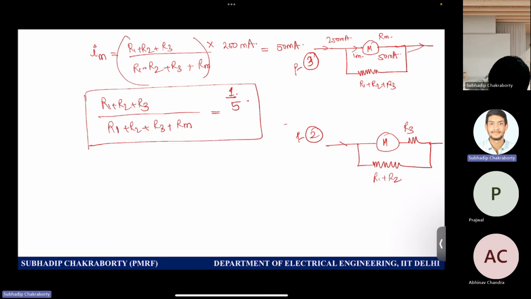So what can you write here? What is the current? 1250, right? And we know that we have to design the R1, R2 and R3 in such a manner that for 1250 it gives full scale deflection, right? So what can you write? R1 plus R2, and then you have R1 plus R2 plus R3 plus Rm, right?